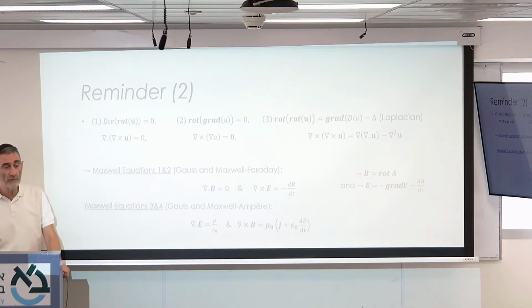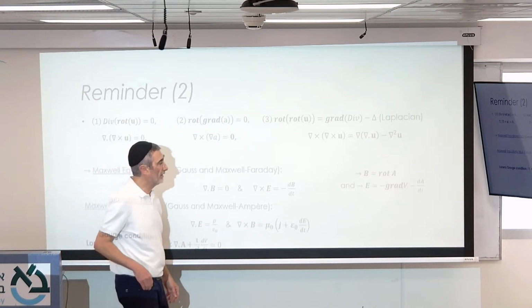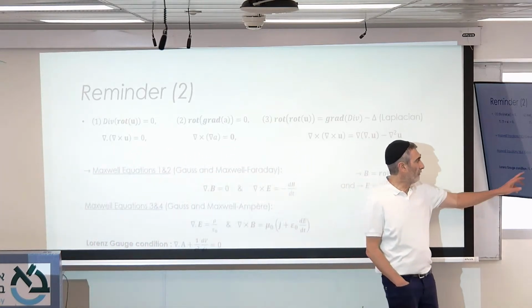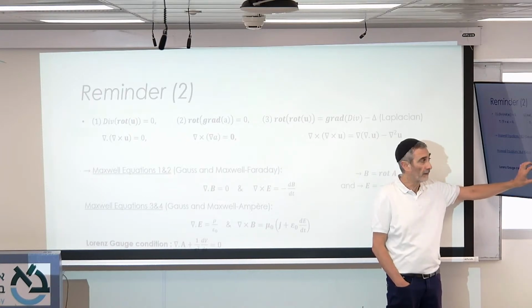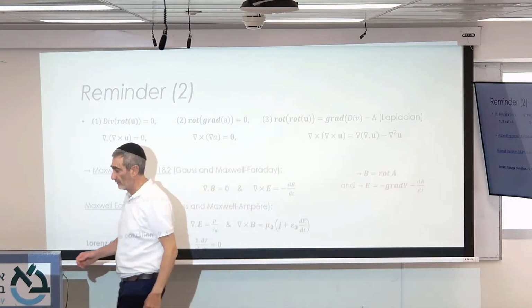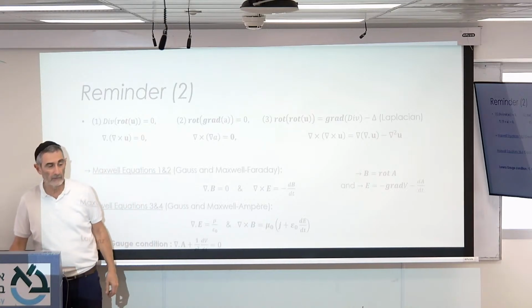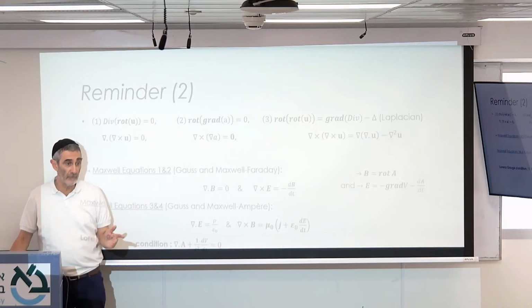So you can use a special gauge here, the Lorentz gauge condition, that forces this relation between A and V. With this relation, it turns out that you can decouple A and V in the Maxwell equations. V is a scalar potential, but A is a vector potential. A comes from the B field, and V comes from the E field.